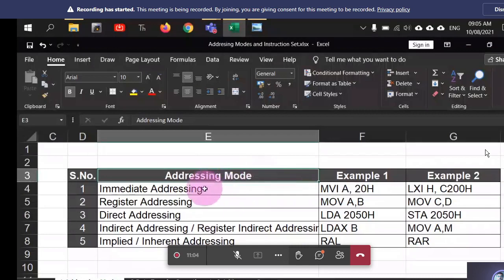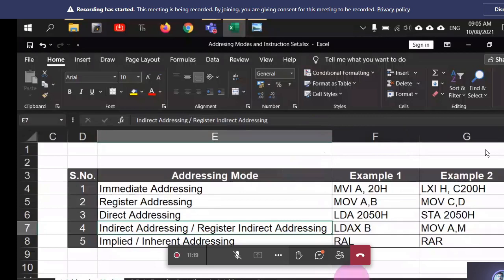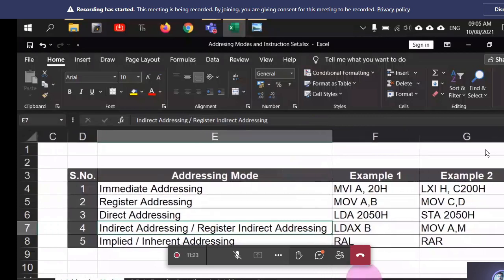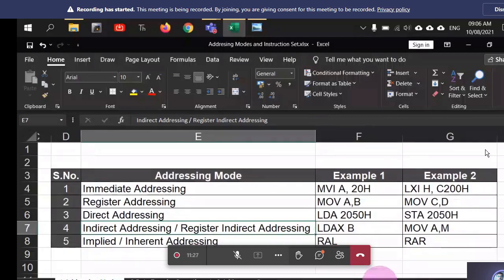First is immediate addressing, then register addressing, then direct addressing, indirect addressing, which is also called register indirect addressing, and implied or inherent addressing. These are the five types of addressing modes available, and we should know which instruction belongs to which category.